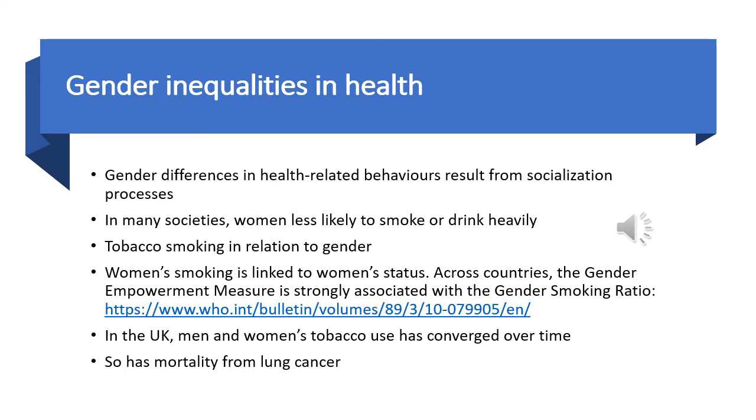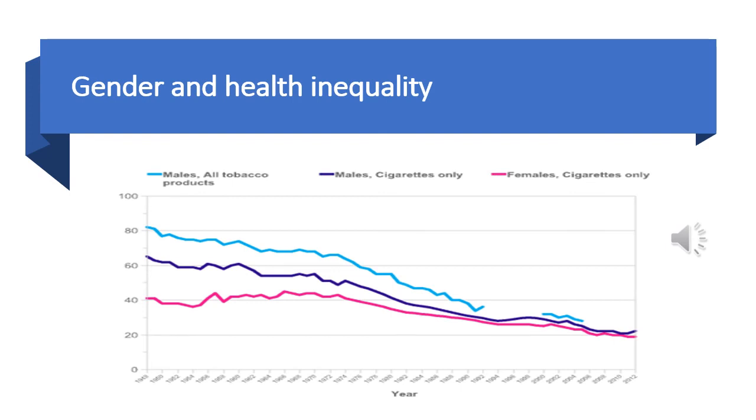As you can see in this graph, which displays tobacco use in males and females from 1948 to 2000 and after 2010, males smoke more than women, especially in the early years, and then with time you can find that after 2000 there was a convergence where the rates of men and women are almost the same.